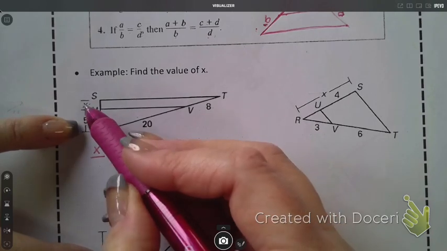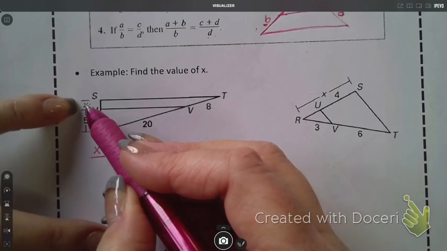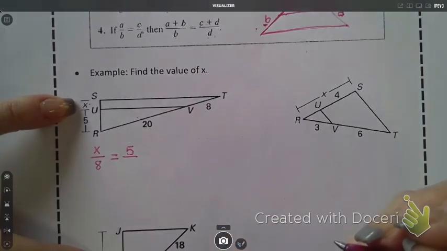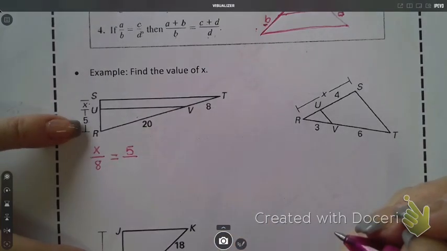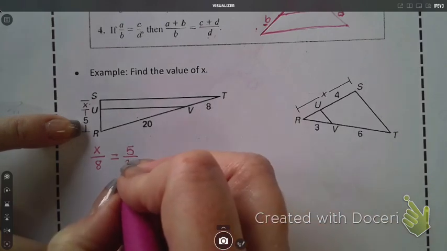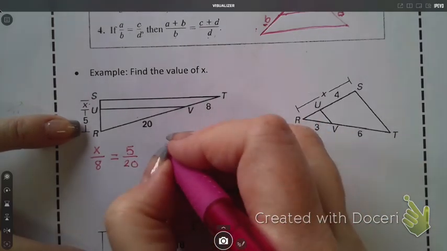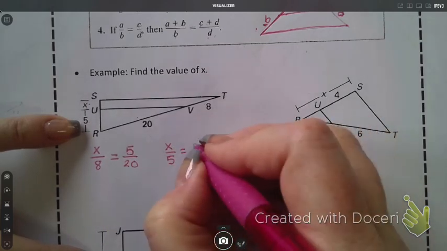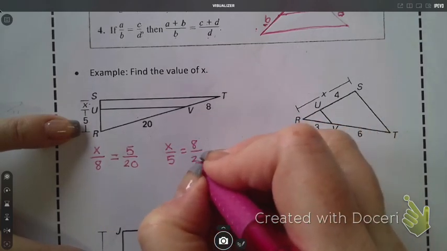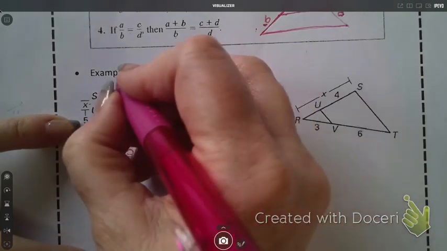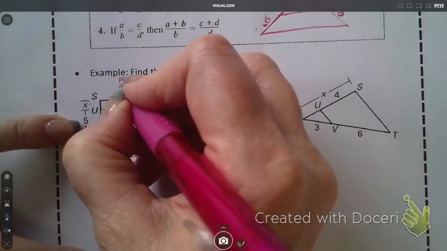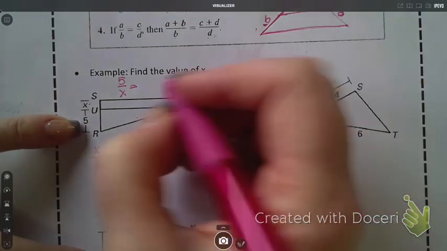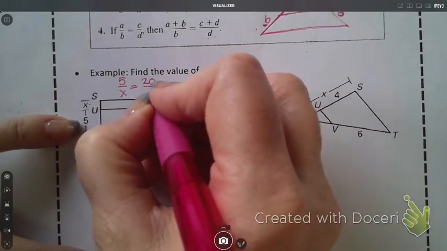So now what corresponds to X? 8, so it goes in the denominator. What corresponds to 5? 20. Now, I could have written it X over 5 equals what over what? 8 over 20. I also could have written it 5 over X is equal to what? 20 over 8.